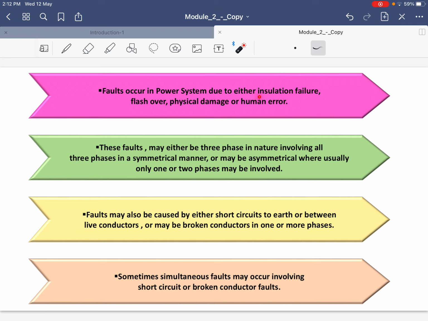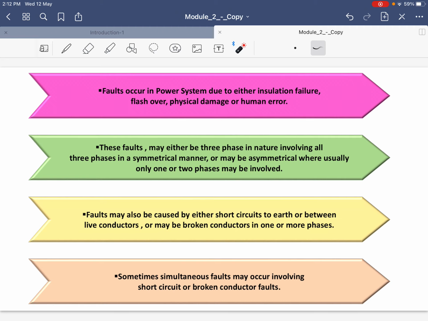Different factors affecting the fault are, first, insulation failure. Second, flashover in the event of lightning.